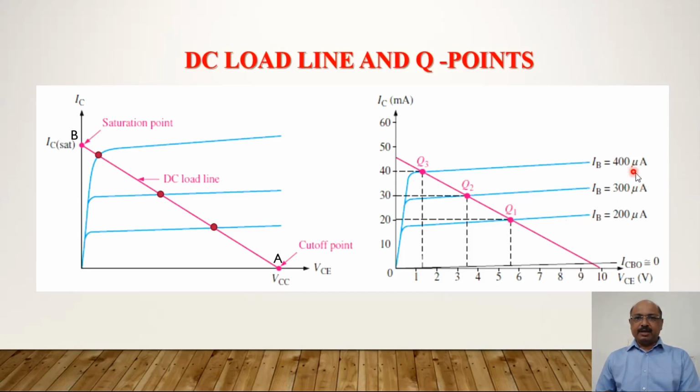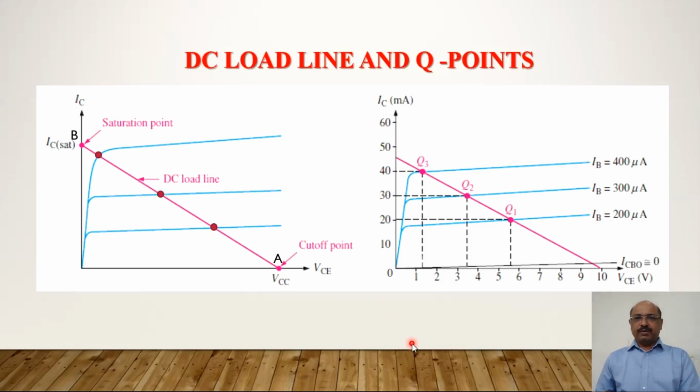If IB increases further, then the Q point shifts to the center of the load line, denoted as Q2. And at a still higher value of IB, the Q point is located near the saturation point, denoted as Q3.